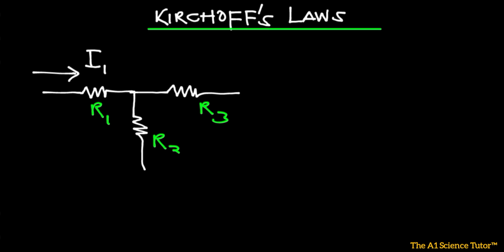That is I1. We know this is a junction. Now, as the current approaches the junction, what is going to happen? We obviously know there should be a split. So let us say one current goes downwards. That current is going to be called I2. Well, we just designated the name for it. You could call it whichever name, but we just want to call it I2 for the sake of synchronicity.